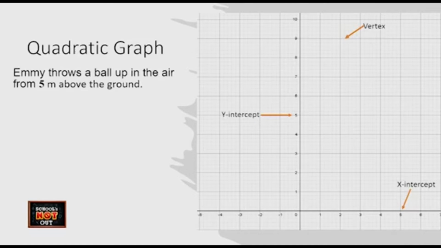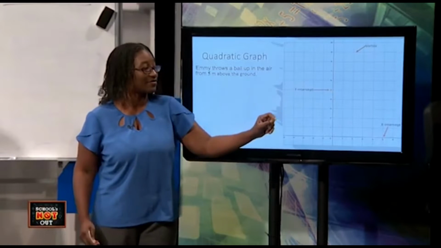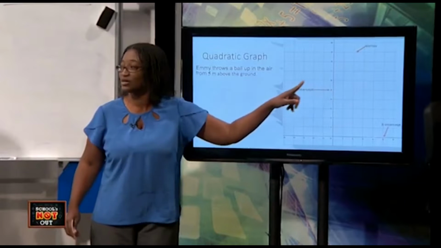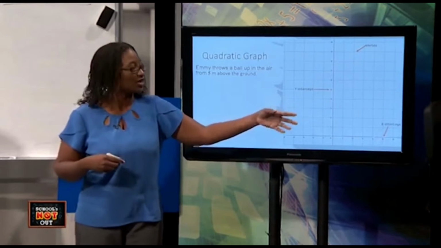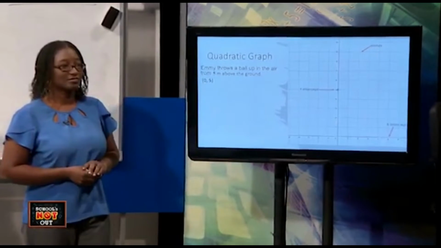What I'm seeing here is Emmy will be throwing the ball from this point right here, which based on my x value, it's 0, and based on my y value, it would be 5. So Emmy's starting point from the situation is 0, 5. And 0, 5, that is correct. So that is our y-intercept.